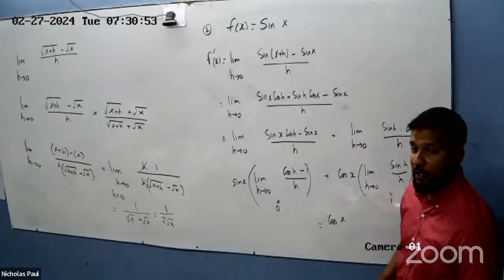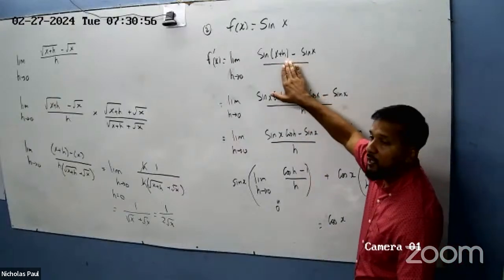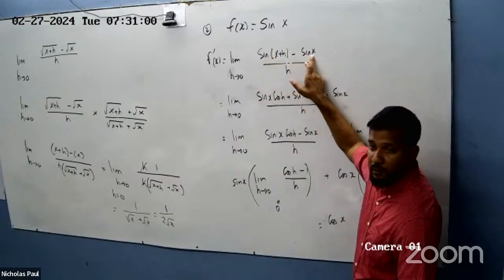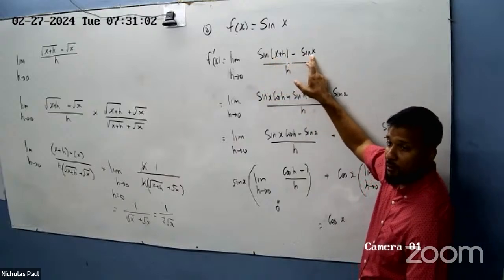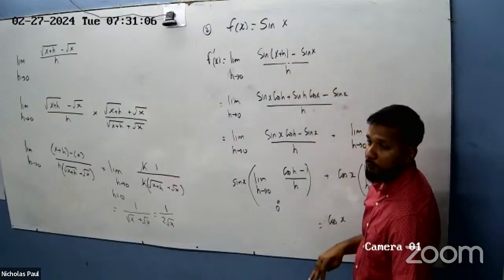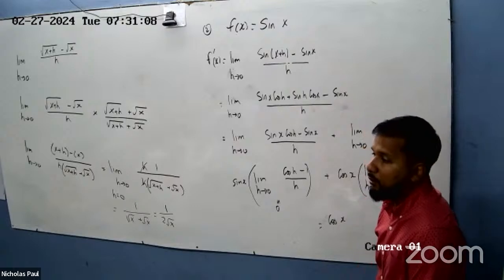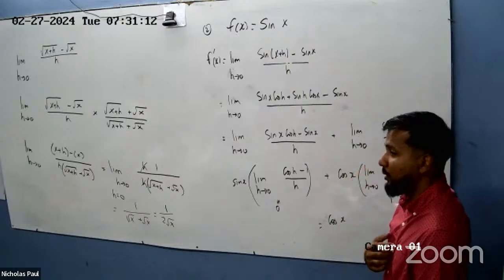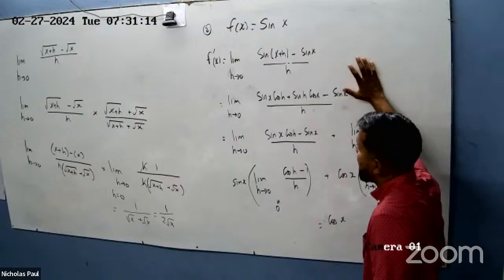That's one option. The next option is to use the sine A minus sine B factor formula, and do the same thing. Product and factor. So what do you do when you reach here?